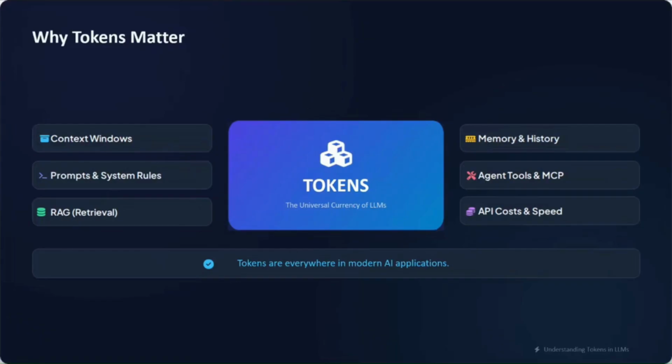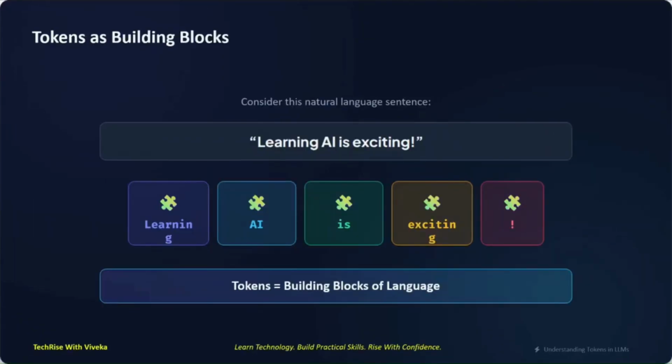So let's start with the simplest question. What exactly is a token? Think of a token like a building block. Imagine Lego. You don't build an entire structure using one giant Lego piece. You combine smaller pieces to create the final structure. Language can be thought of in a similar way. A sentence is a complete structure, and tokens are smaller pieces that the LLM works with.